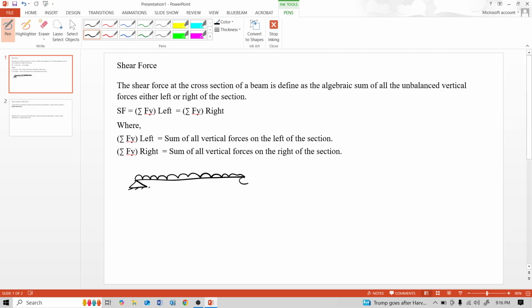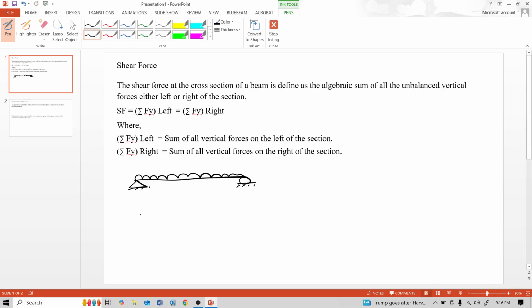One side hinge and one side roller, a simply supported beam. And what is shear force in this simply supported beam? The shear force at the cross section of a beam is defined as the algebraic sum of all the unbalanced vertical forces either left or right of the section.